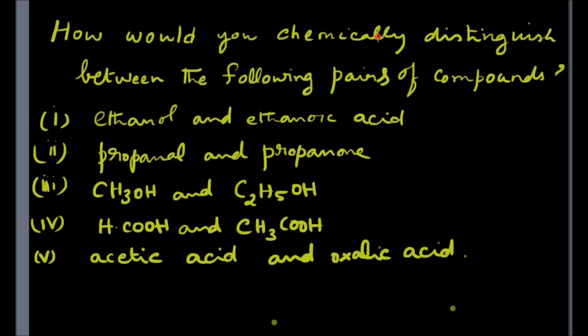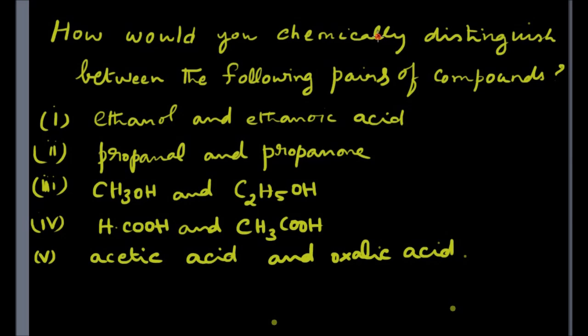Now in this example that I have taken, I have selected 5 pairs. You notice that the first 2 pairs have different functional groups and the last 3 have the same functional group.